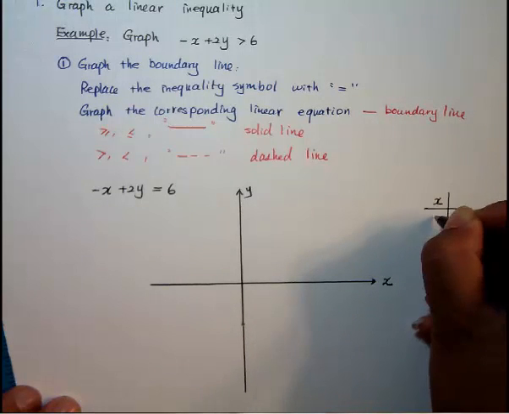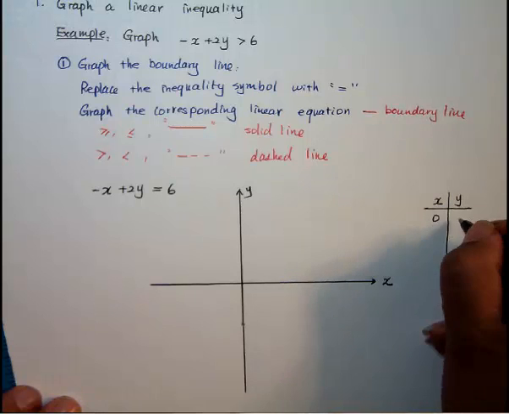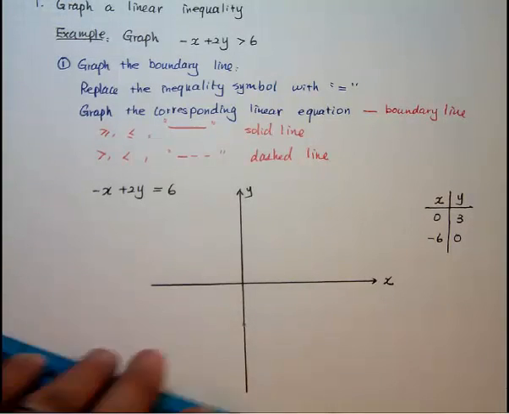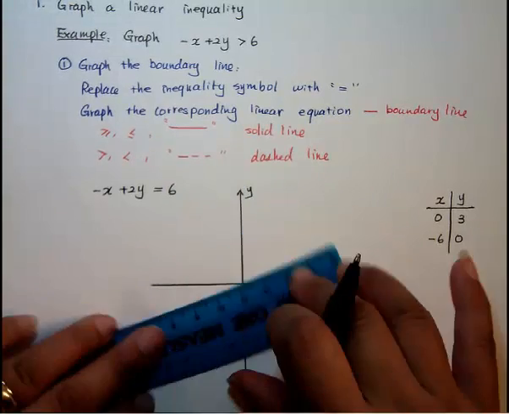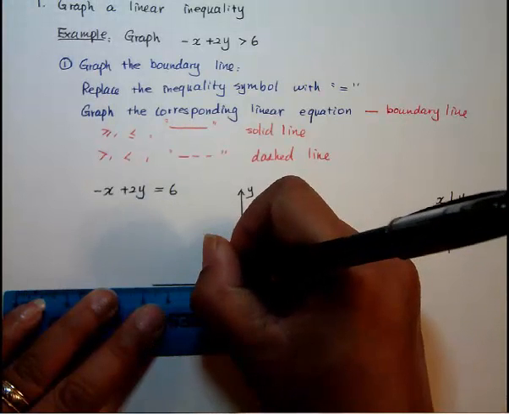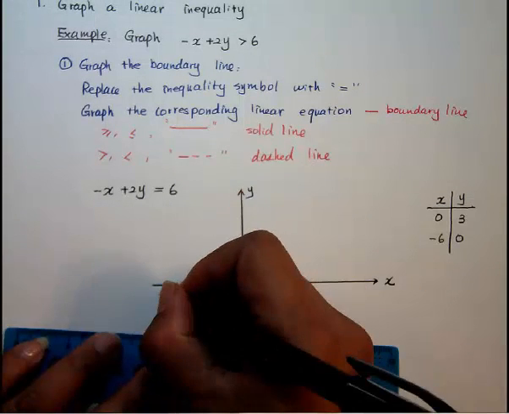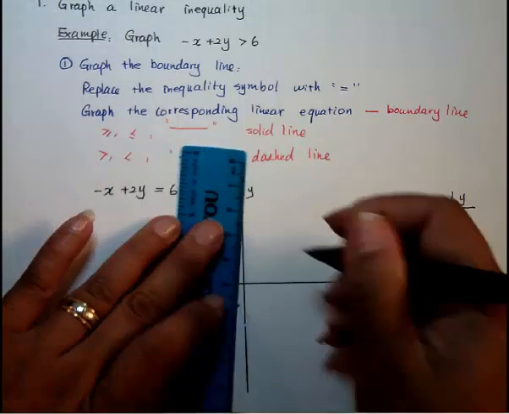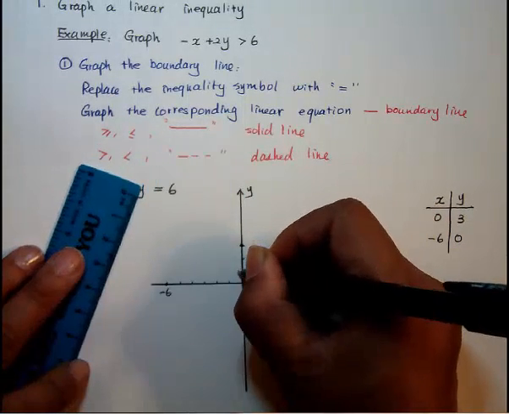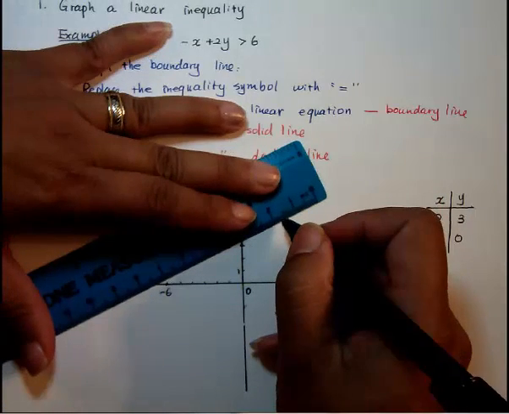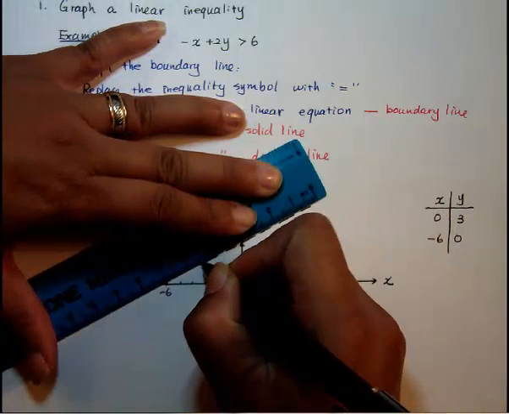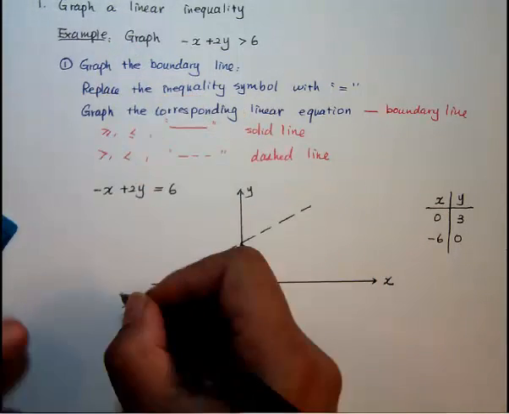If x equals 0, then y will be 3. If y equals 0, x will be negative 6. I'm just going to locate the 2 points. Here's negative 6, 0, one point. Another point is 0, 3. I'm going to connect these 2 points with a dashed line. So that is the boundary line we are looking for.